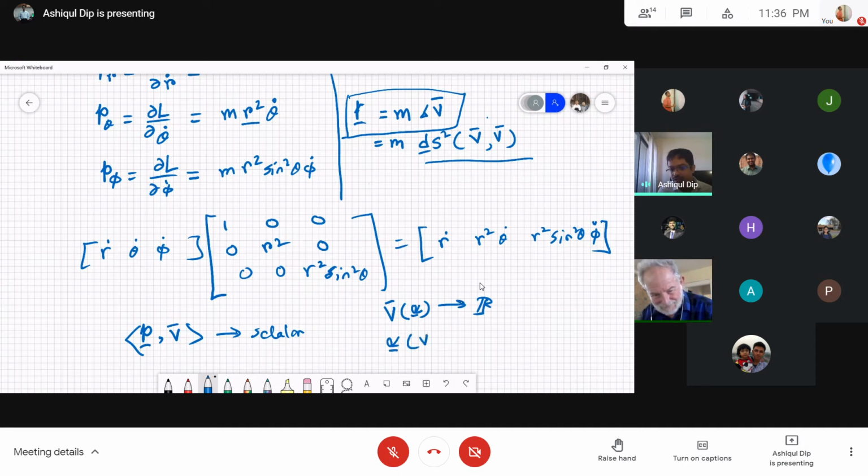It can take a vector and produce a number. And those are actually the same thing. So this whole thing, ds squared, is able to take two vectors, some a and some b. If you do not provide the second vector, just provide the first one, it produces a one-form, and that's the corresponding one-form of a.